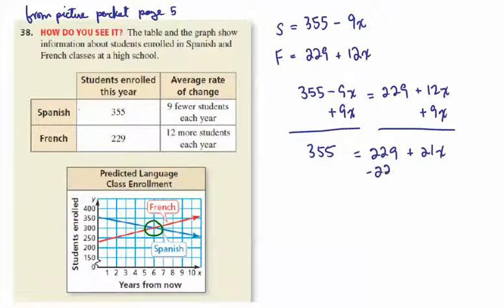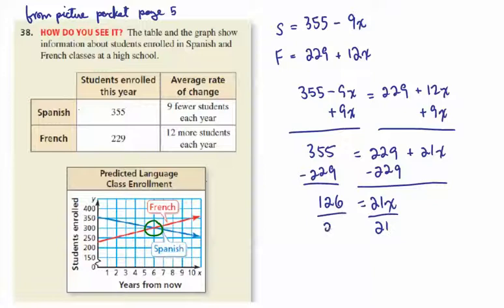Now we subtract 229 on both sides, and we end up with 21x on the right and 126 on the left. Dividing both sides by 21, we will get x is equal to 6 years.